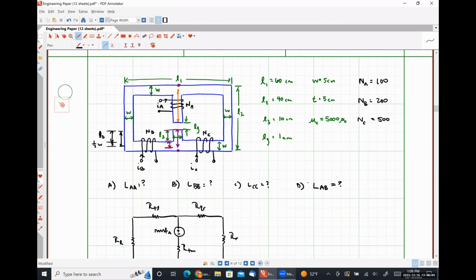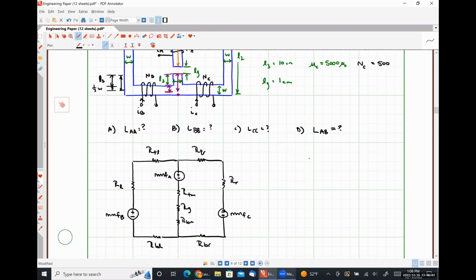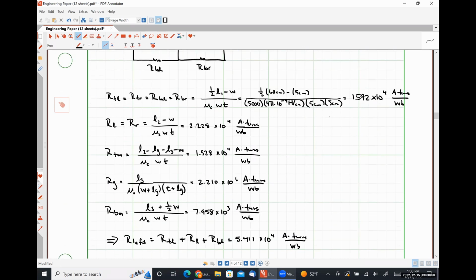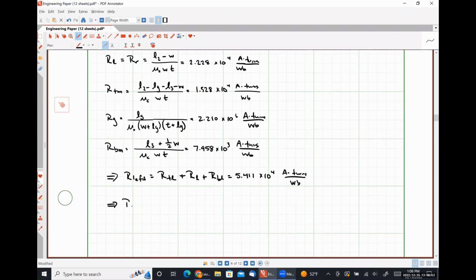We scroll back up here really quickly. We can see that RTM, RG, and RBM are all in series, so we can lump those together. Let's just call that R mid. So RTM plus RG plus RBM, and that comes out to be 2.234.